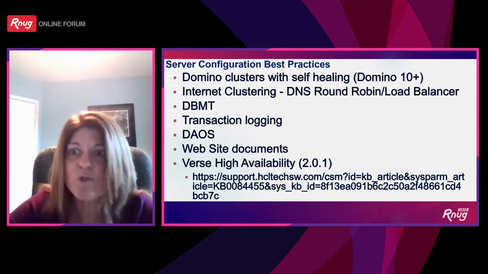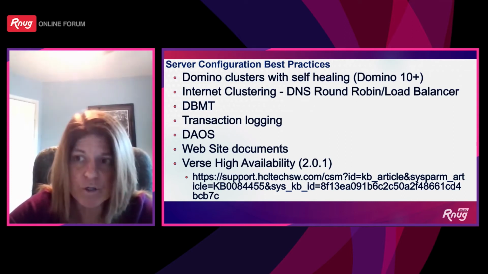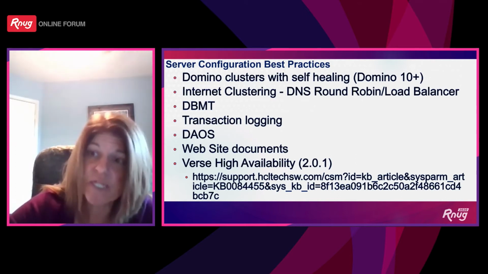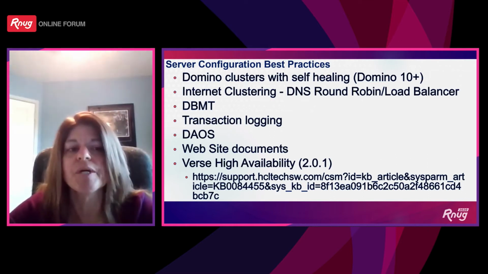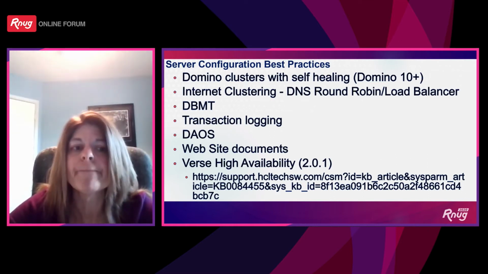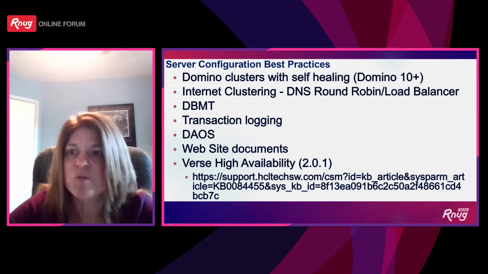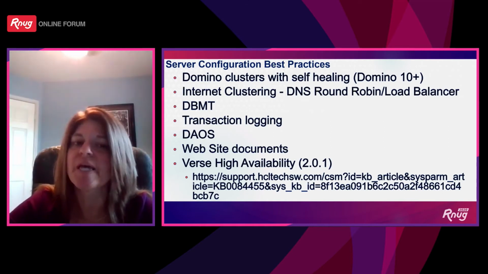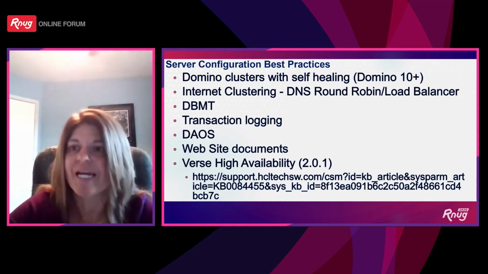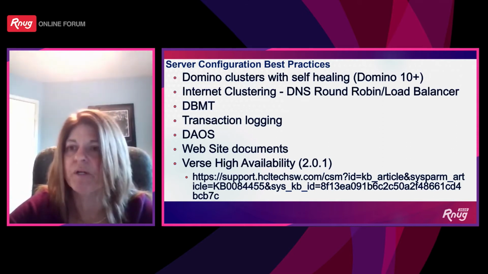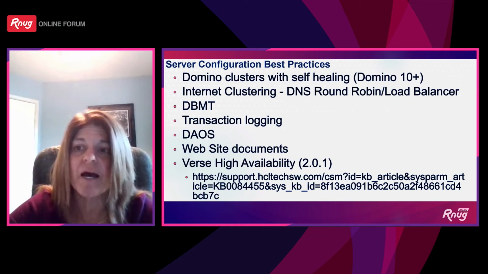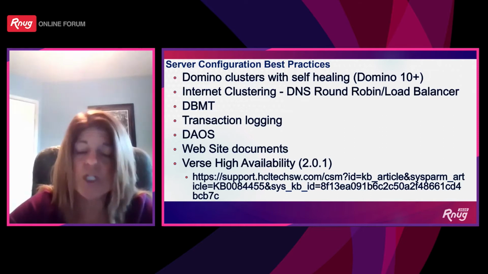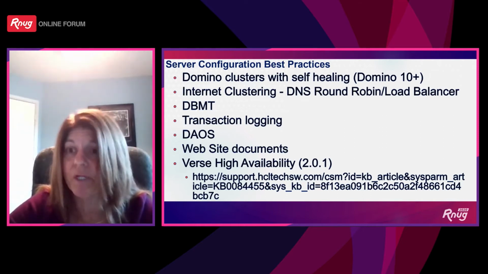And then, of course, once you have transaction logging on that mail server, you can implement the Domino Attachment Object Service, also known as DAOS. What DAOS provides you is the ability to store file attachments only one time. So, for example, if I send an email message to 10 people, and that email message contains a 10 megabyte file attachment, traditionally, that's going to take up 100 megabytes of total disk space on my Domino server because each mail file receives that document in whole.